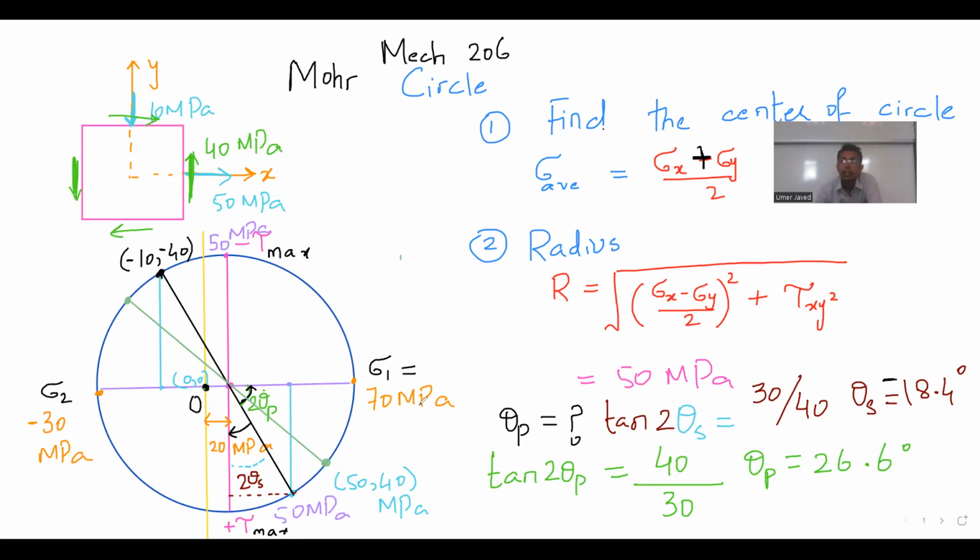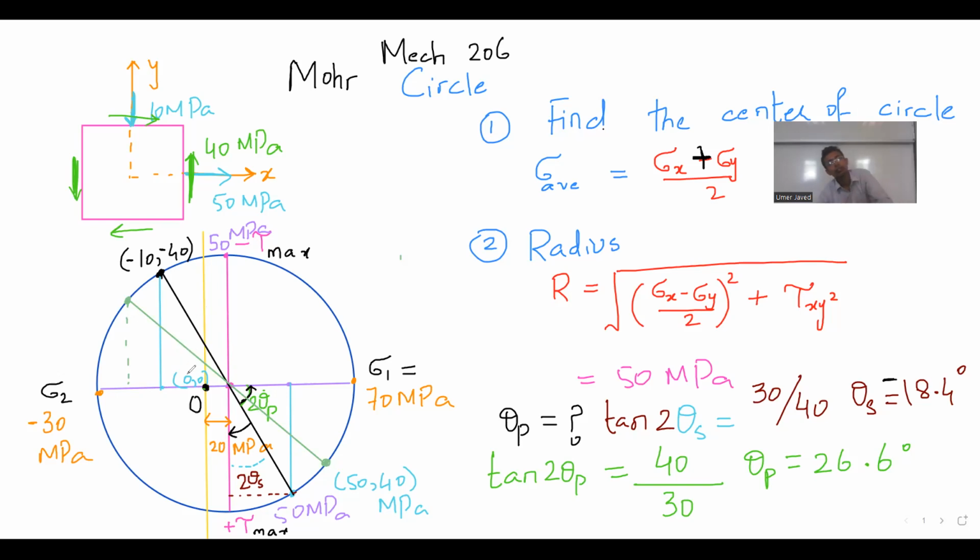The next task is that you have to find this, correct? So let's do it together. This black line is at what angle? 2 theta p. That is 26.6 multiplied by 2, which is 53.2. So if this angle is 53.2, then this angle is also 53.2.